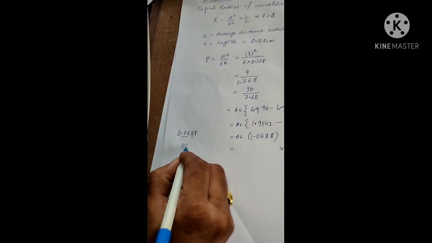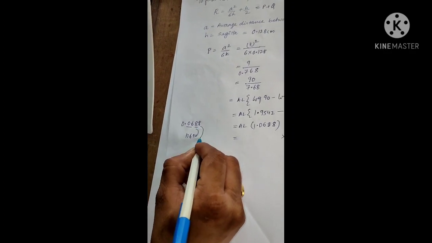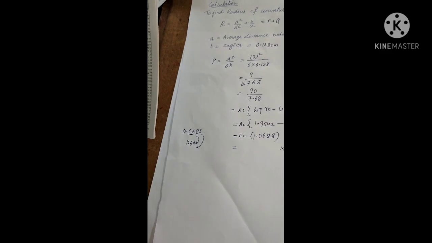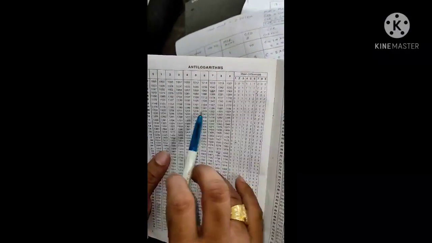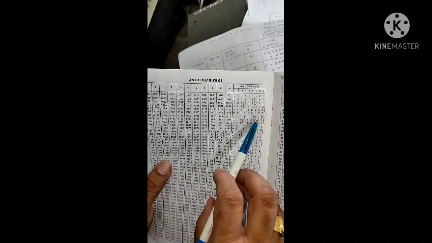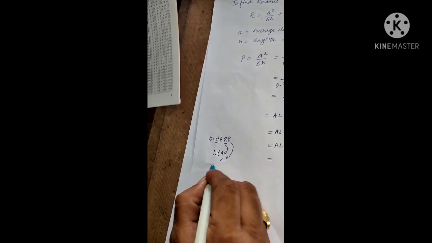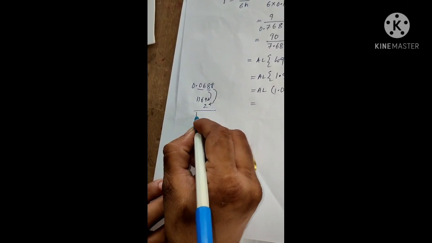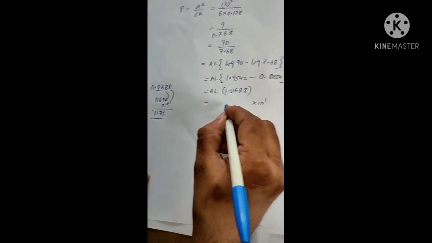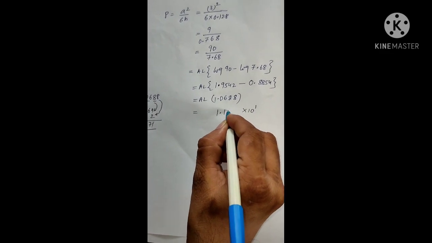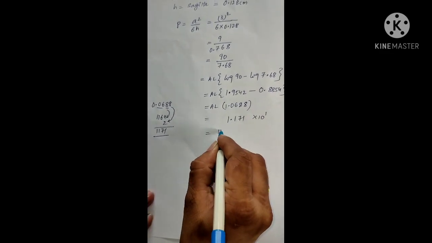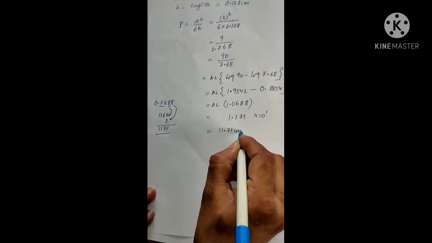Now add the mean difference of the 8th column, which is 2. The total antilog is 1171. We can write 1.171 is equal to 11.71 centimeter.